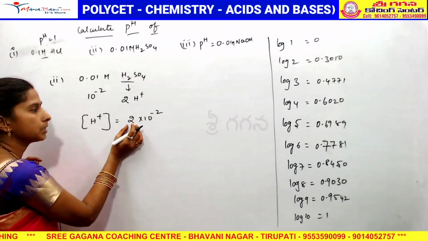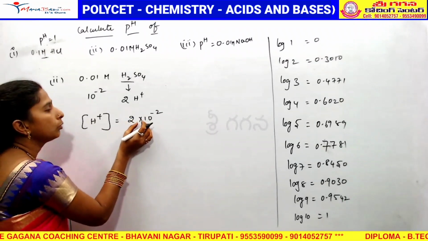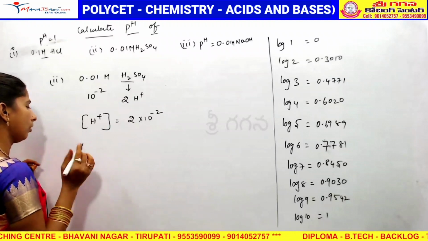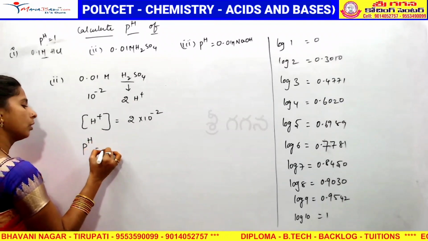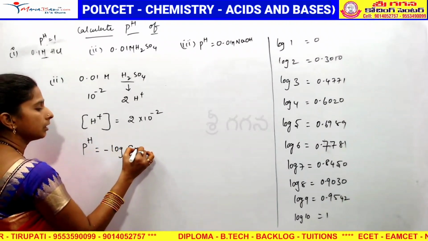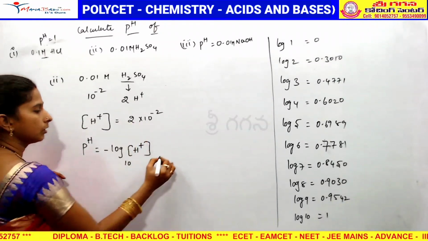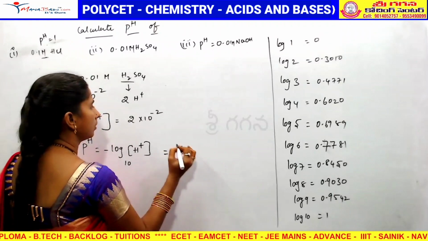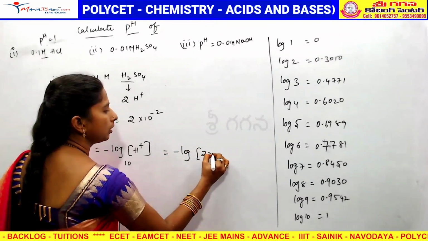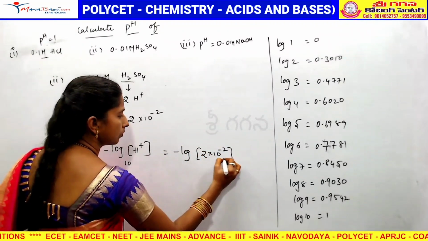However many H plus ions there are, we need to multiply by that number. Now pH is equal to minus log concentration of H plus ion, base 10. Substituting, minus log of 2 into 10 power minus 2, base 10.